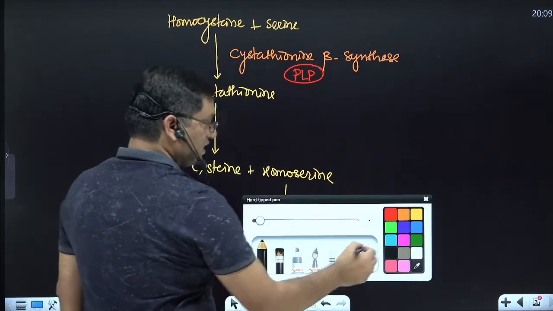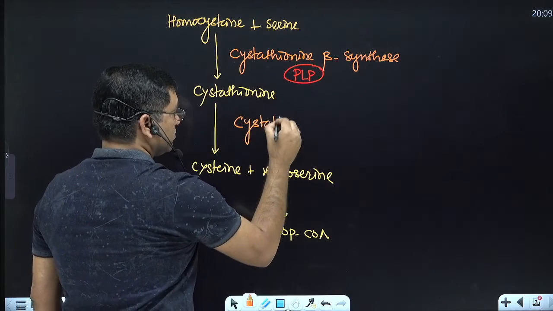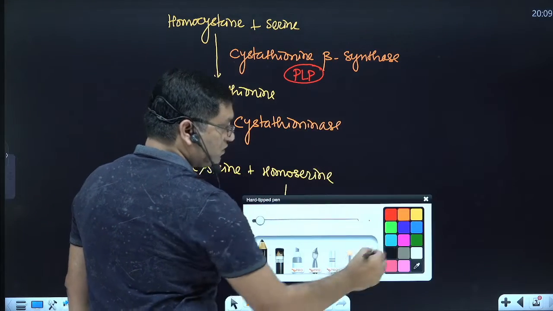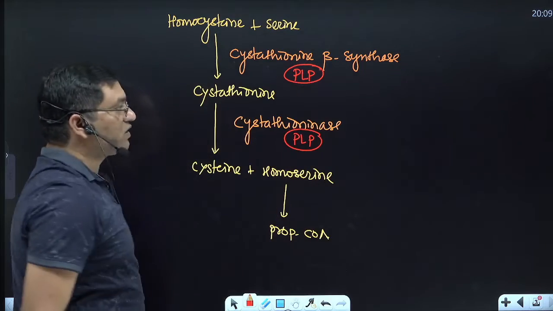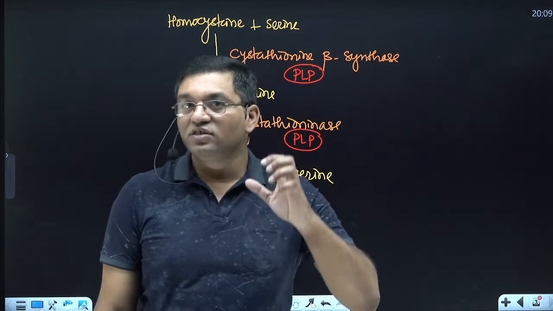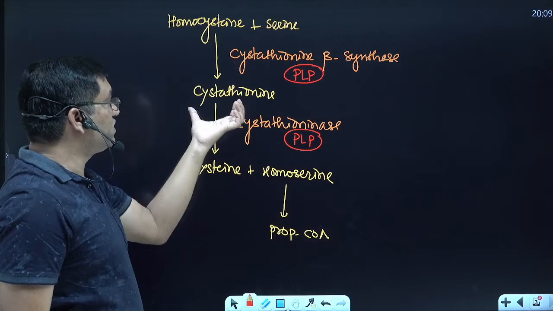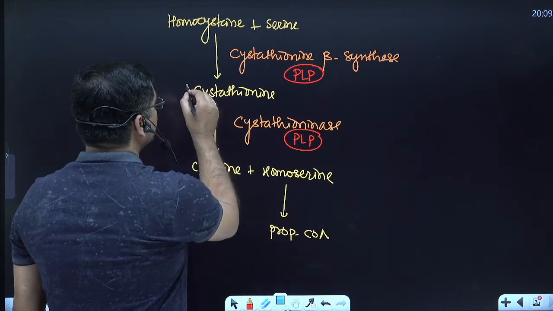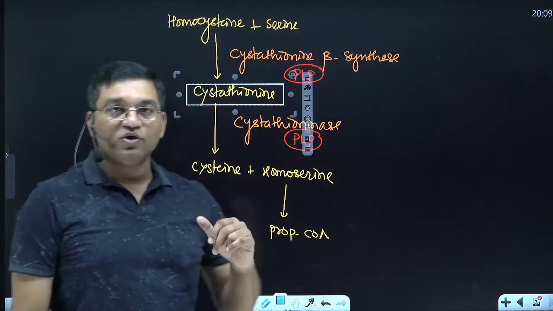Also the next reaction, by cystathioninase, is a pyridoxal phosphate dependent reaction. These are the transsulfuration reactions dependent on pyridoxal phosphate. So homocysteine condenses with serine to form cystathionine, and cystathionine is converted into cysteine and homoserine.